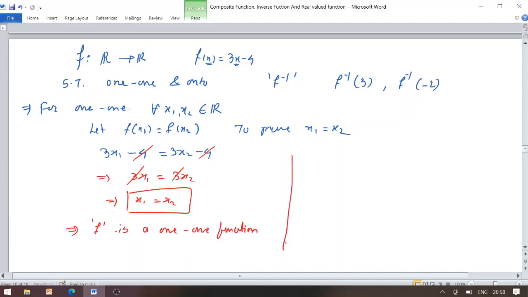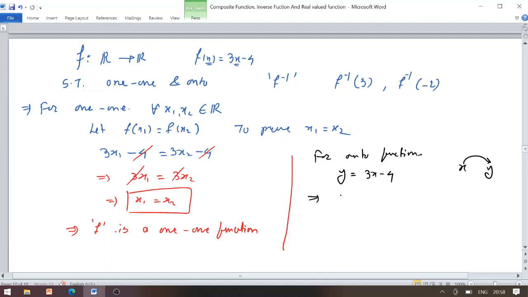Now for proving the given function is an onto function, let us consider y equals 3x minus 4. Try to express x in terms of y. That means for every real value of y from the codomain, there exists a pre-image x in the domain of the given function.